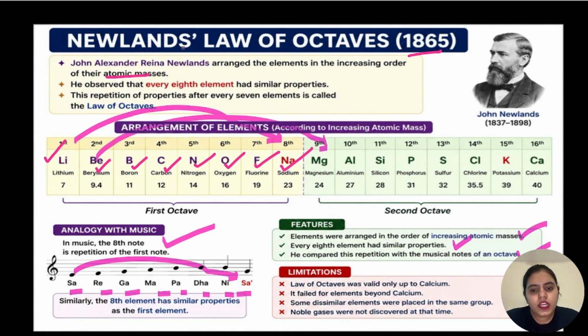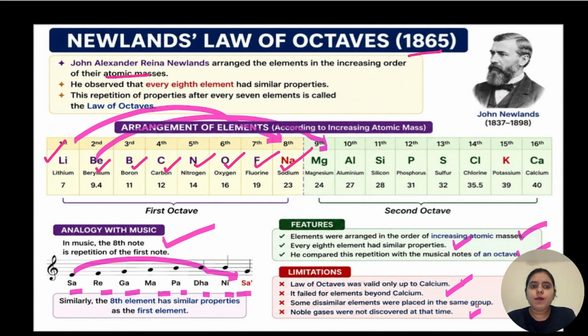It worked only up to calcium, right? Beyond calcium, the pattern no longer worked correctly. Also, some dissimilar elements were placed together, which created confusion. Another limitation was that noble gases had not yet been discovered, so they were not included in the arrangement.